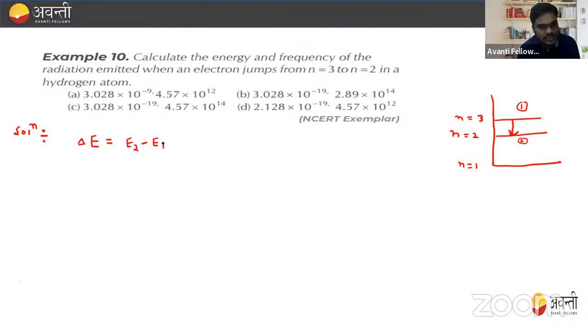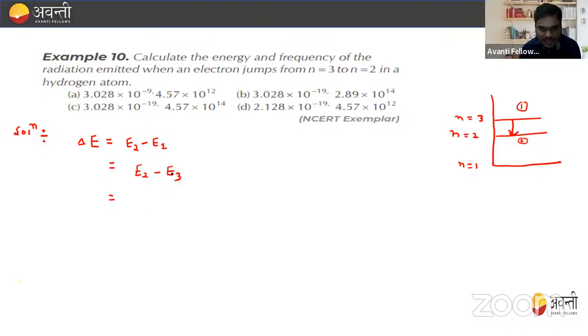Now, what is E2 here? In this case it is E2 minus E3, for levels 2 and 3, where the emission takes place. How will you write the value of E2?